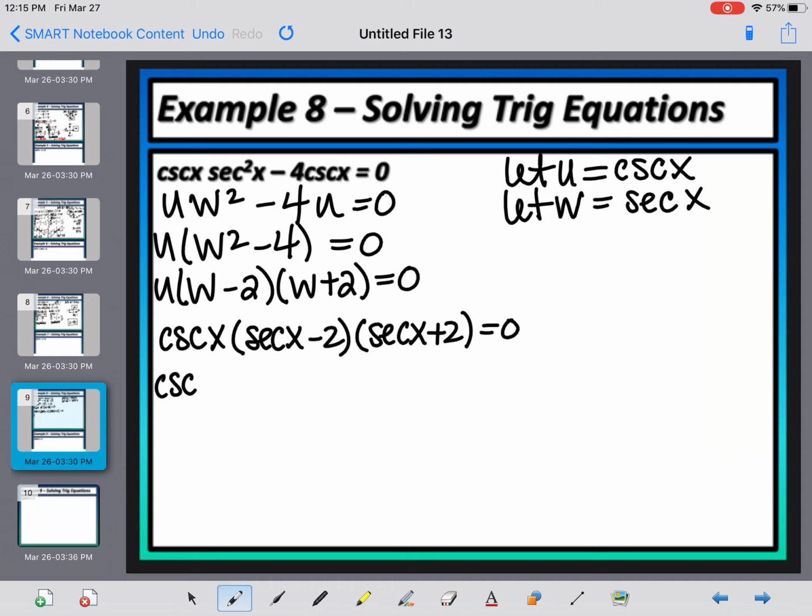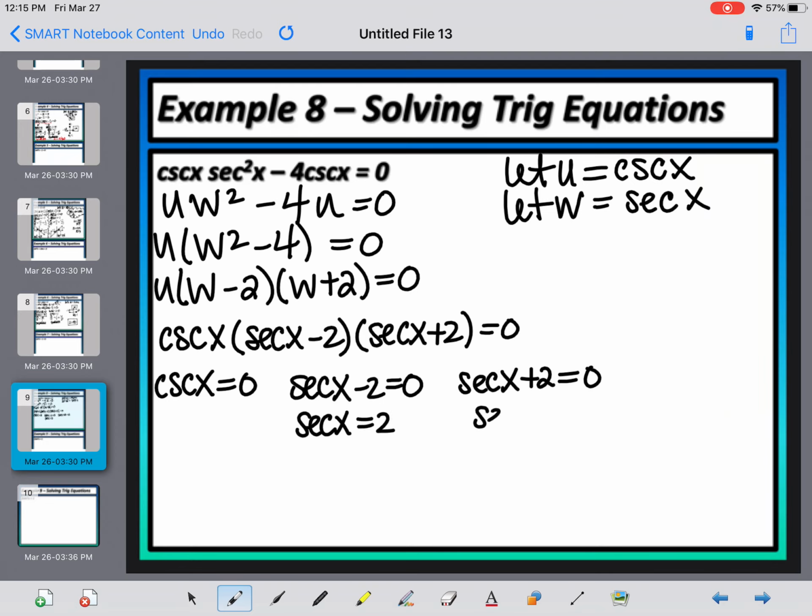I have 3 factors here that I have to solve. So cosecant of x equals 0, secant of x minus 2 equals 0, and secant of x plus 2.